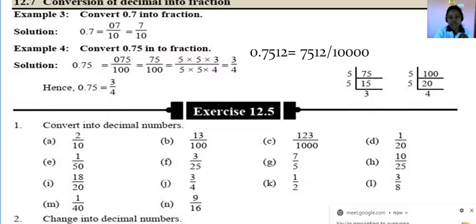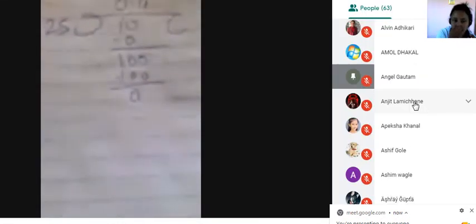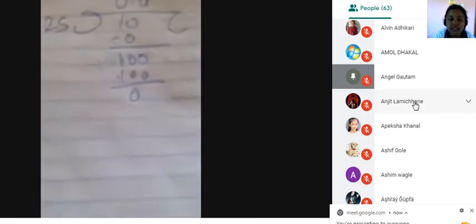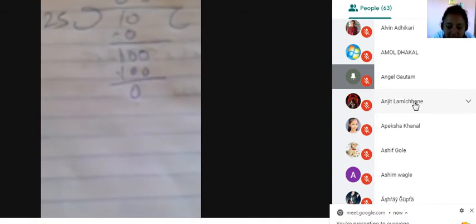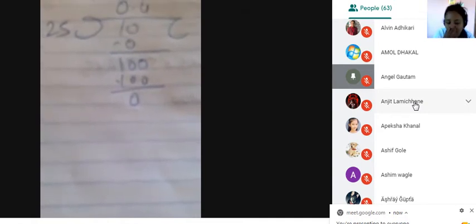So you have to use the division process if this sort of question will be given, because in the denominator there is no 10 or 100 given. Here Angel Gautam has done 25. 10 upon 20, 25 was the question.